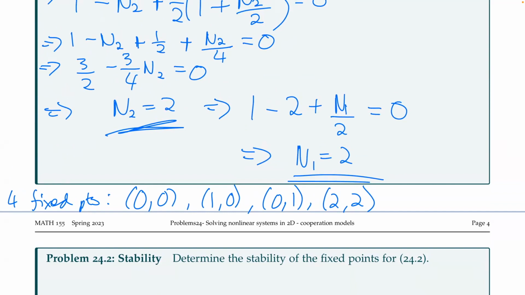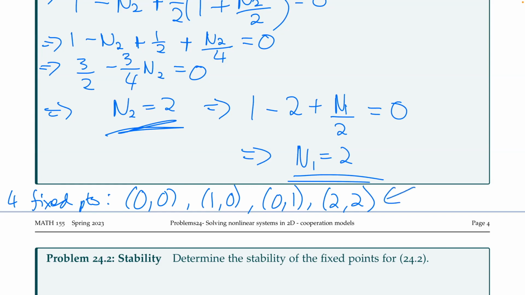It's trivial because if this is a population model, and if there's no individuals in the population, then obviously nothing's going to change. 1, 0 and 0, 1 are often called semi-trivial equilibria because there's only one species there. So this 2 species model collapses to a 1 species model. It's just the logistic model with 1 species. That's why it's called semi-trivial.